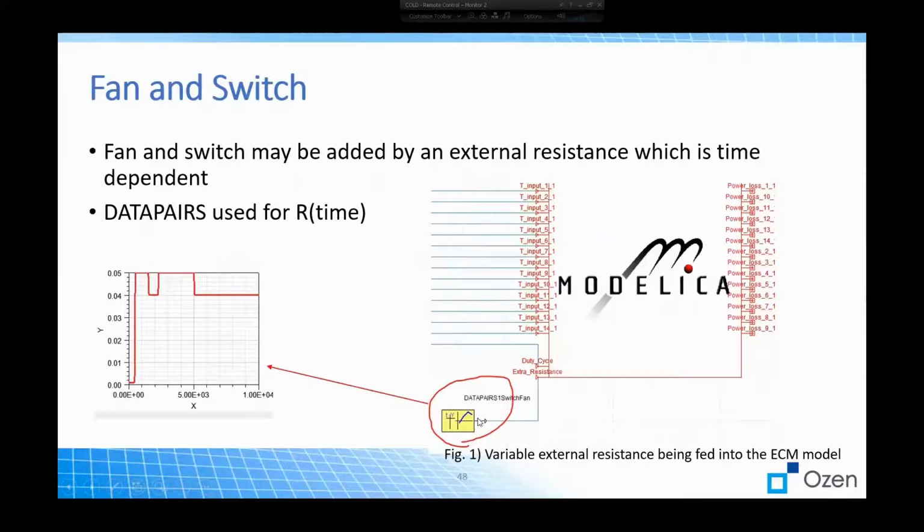The other part, as I mentioned, is a data pair where you put the resistance. This is replacing the fan and the switch. This can take any arbitrary profile during the runtime. For example, we put this profile, which means that initially the fan is off, then you turn it on at full power, then you bring it to maybe 80% power, or less resistance or less RPM, I can say.